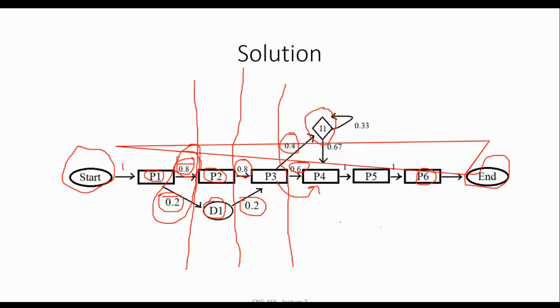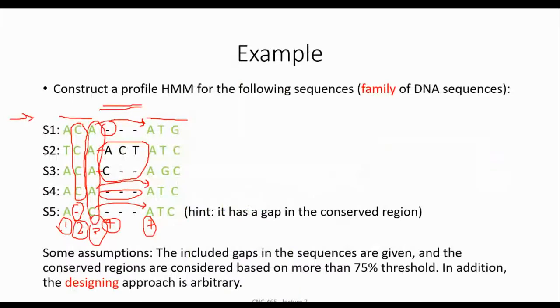Okay, now about this part. This part is also a little tricky to understand. Now we are in the 4th position for these two. Now I want to see what happens when I move on to the next conserved region. From A to C, for one case, again, I reach another insert state. Whenever it happens, we don't need to define a new insert state.